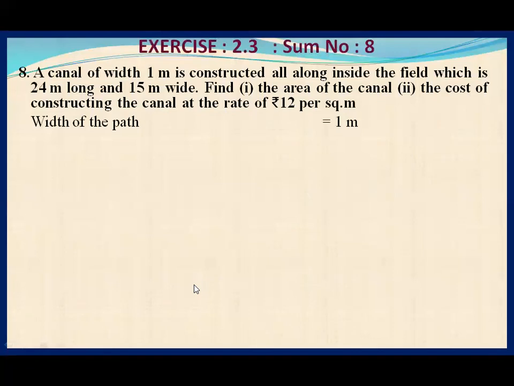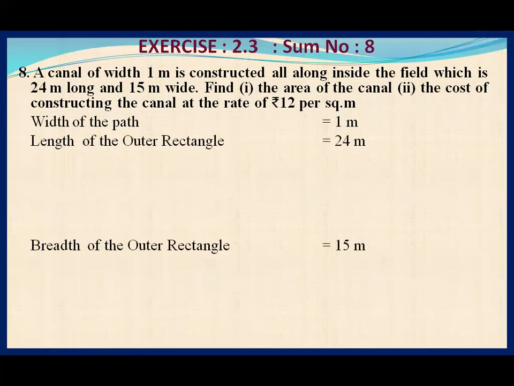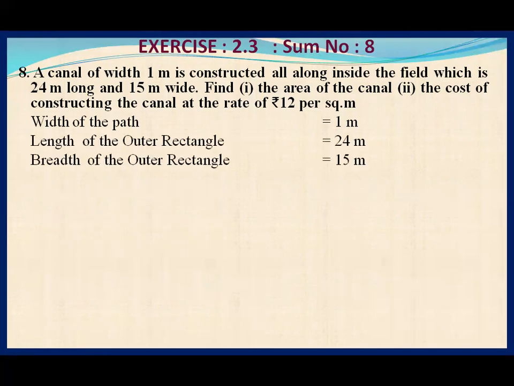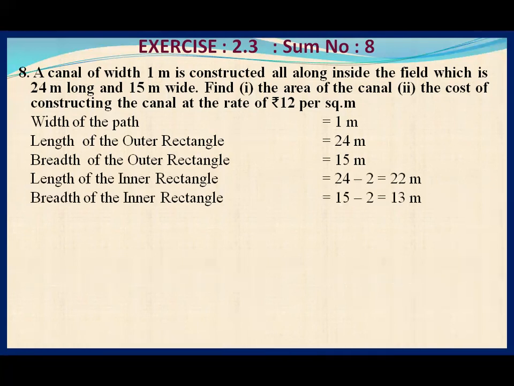A canal of width 1 meter is constructed along inside the field, which is 24 meter long and 15 meter wide. Find the area of the canal and the cost of constructing the canal at a rate of 12 per square meter. So the width of the path is 1 meter, outer length is 24, outer breadth is 15. So find the inner length and inner breadth. 24 minus 2 is the inner length and inner breadth is 15 minus 2.